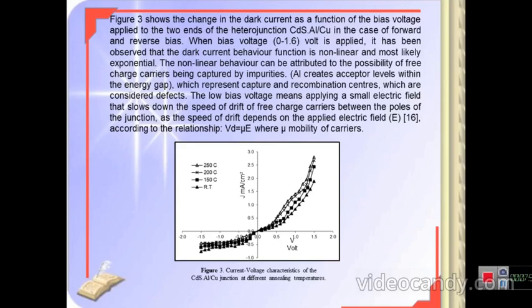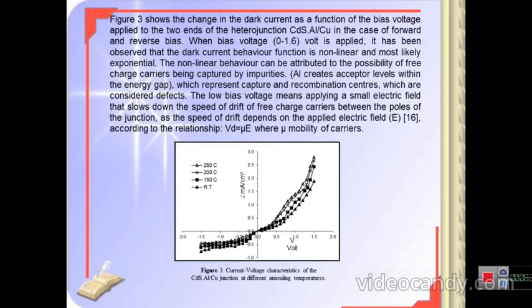By increasing the voltage applied to both ends of the junction, the drift speed of free carriers increases, and thus the transit time of carriers is short, which reduces the trapping of the free carriers and thus obtains a higher current.